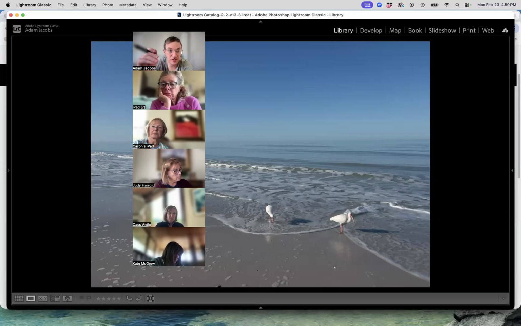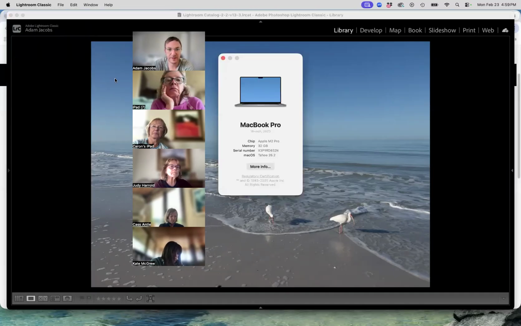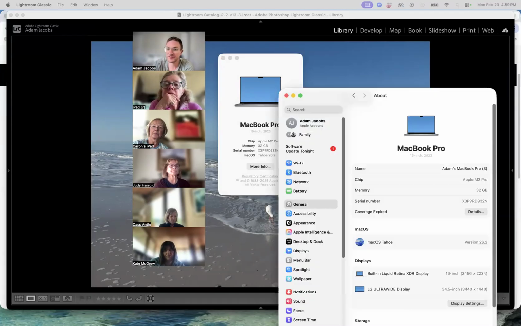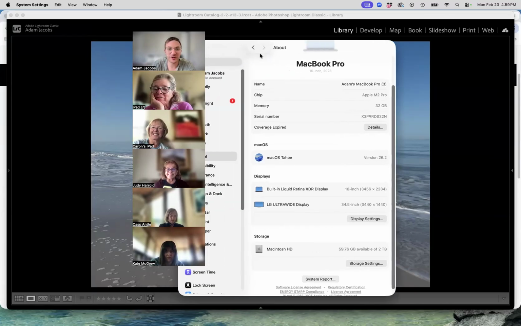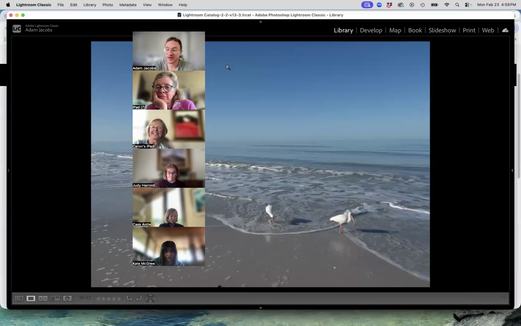You will start to notice your computer slowing significantly down if you have less than 10% storage, which you can check at the top by clicking the Apple, About This Mac, More Info, and then Storage down here. I'm not practicing what I preach because this computer is fairly full. But you should have 10% free.